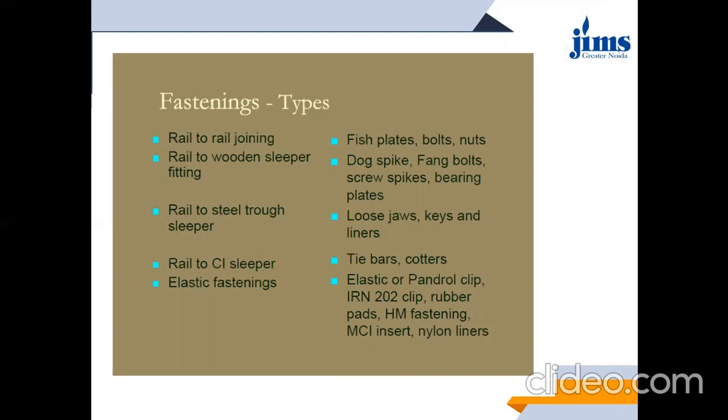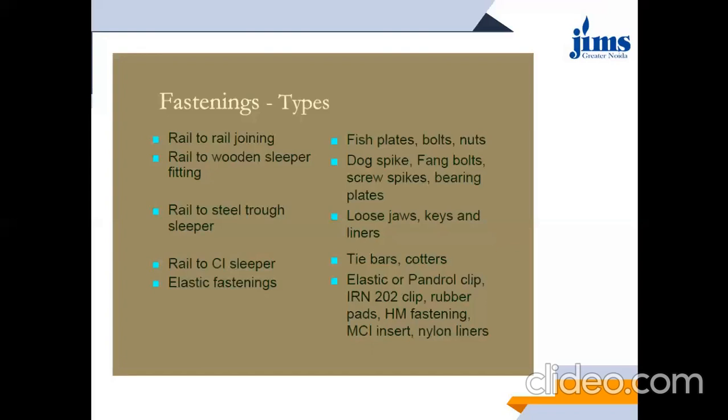And if you want to fix the rail to a concrete sleeper, then it is totally different. To fix the rail to the wooden sleeper, devices like dog spikes, fang bolts, screw spikes, bearing plates, etc. are used. To fix the rail to the steel sleeper, loose jaws, keys and liners are used.